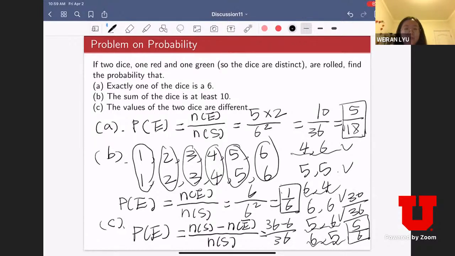If we're thinking about the sum of the dice being at least 10, there should be... let me see. Yeah, so essentially we're looking for different outcomes in that case, I believe.